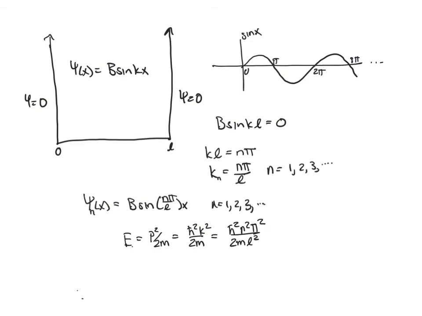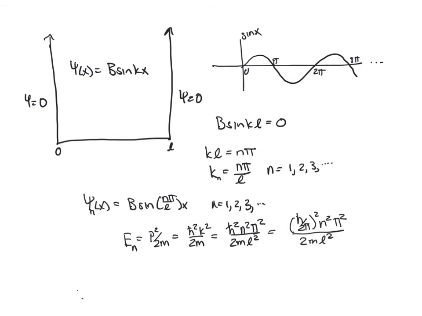And those are our energies, and they depend on the quantum number n. Now, remember that h bar is equal to h over 2 pi. So I can simplify this a little bit by plugging in h over 2 pi squared for h bar squared. And then I have my n squared and my pi squared over 2m L squared.